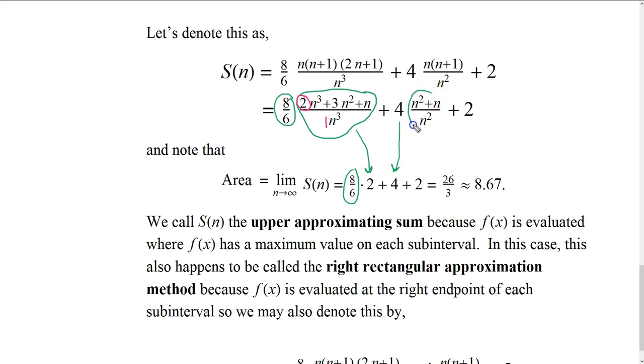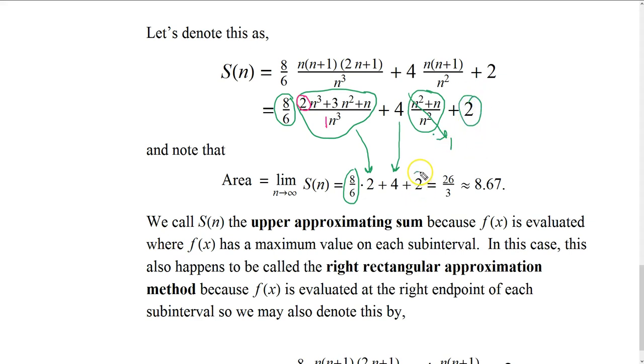This quantity right here, once again, you've got a rational function. The degree of the top is the same as the bottom. So as n goes to infinity, this quantity is approaching 1. So I have a 4 times 1 right here. And then the 2 just hangs around.